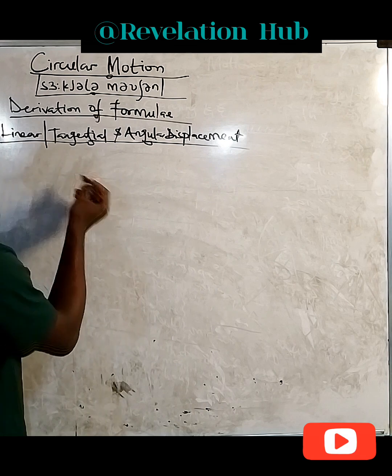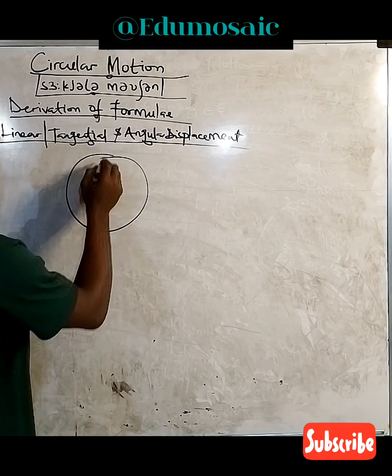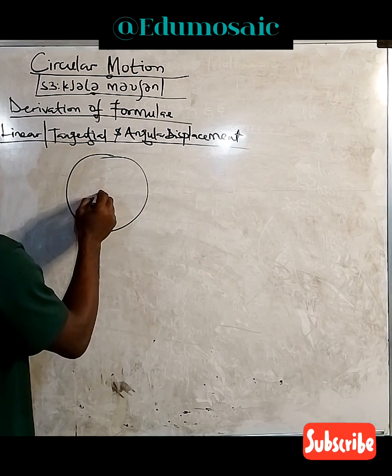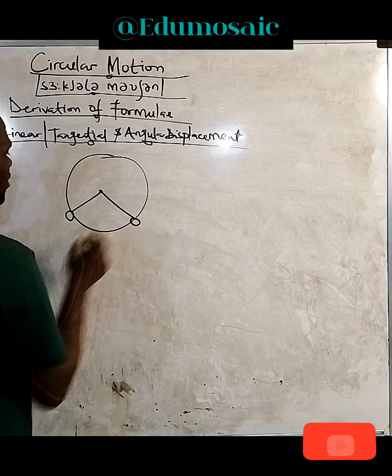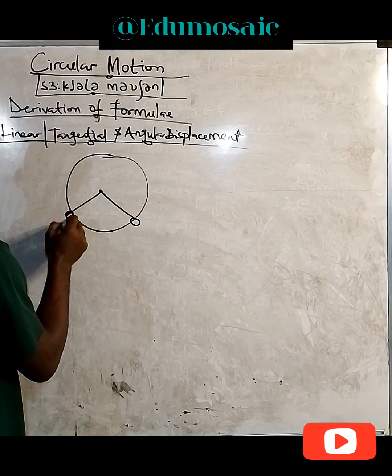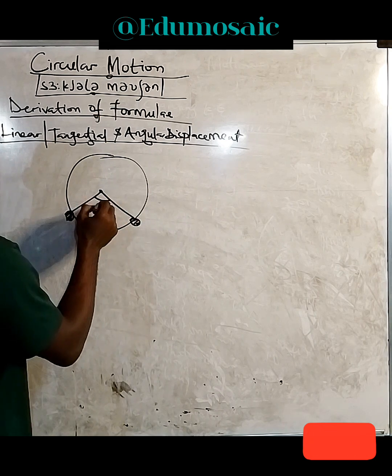First of all, we're going to be using a uniform circular motion, and not only uniform, also horizontal circular motion. That's what we're using. So you have a body being whirled like this at a given angle.